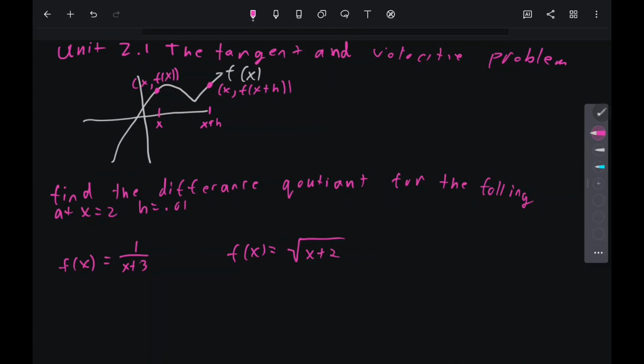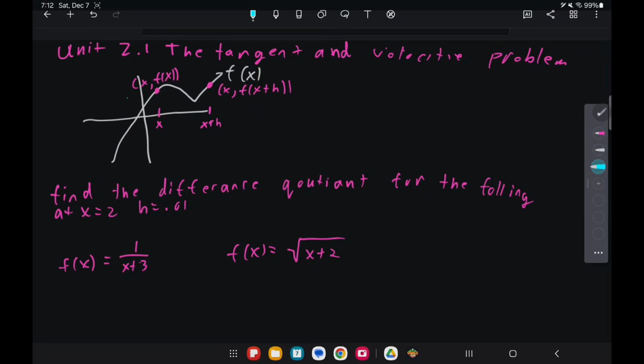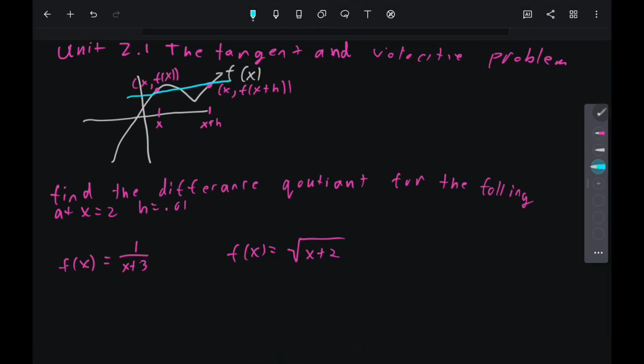Well, as of right now, if I were to draw on the secant line here, what you'll notice is it's almost zero. But what happens if we bring this point closer?